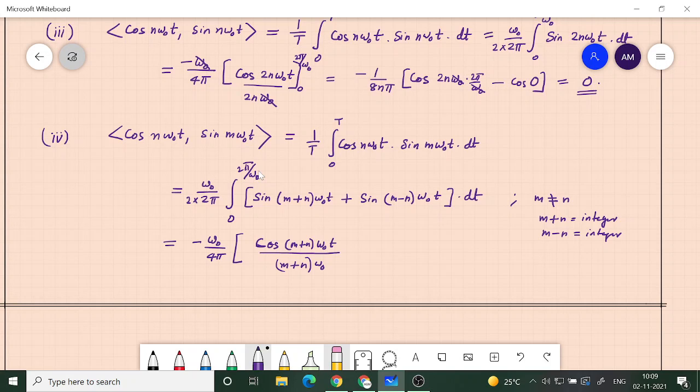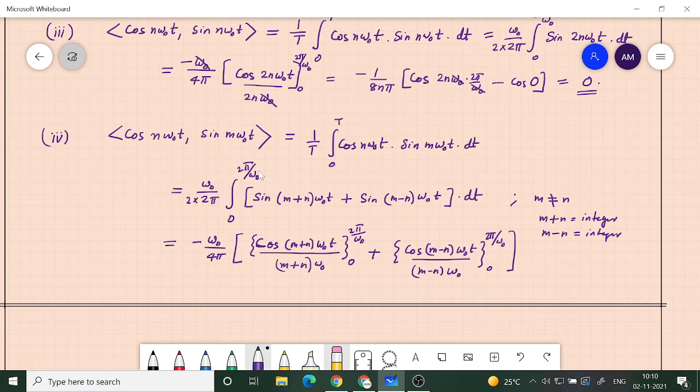So that with the limit 0 to 2 pi by omega naught. Then plus, similarly we will have cos m minus n omega 0 t divided by m minus n omega 0. This also has the same limit.